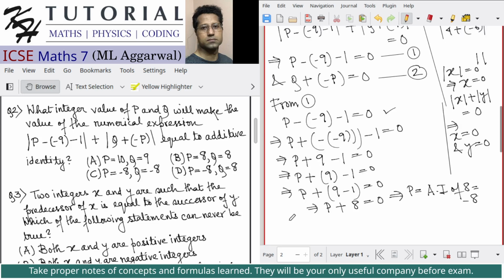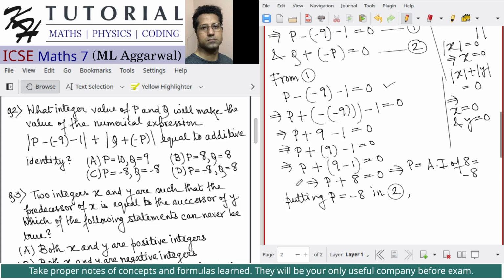Now in equation 2, if we put P is equal to minus 8, we get Q plus minus of minus P, means P is minus 8, so minus of minus 8, is equal to 0.